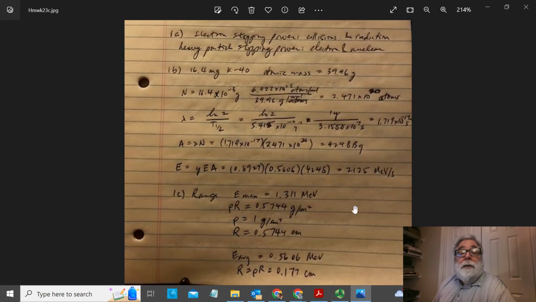Now the question is about range. Oh, I wanted to do the range in two different ways. One is we know that the 0.5606 MeV is the average energy. So this might be typical of how much energy is absorbed in tissue or in material. But we want the maximum range also, because some of these particles are more energetic than the average, and they can go up to 1.3 MeV. How do we find that out?